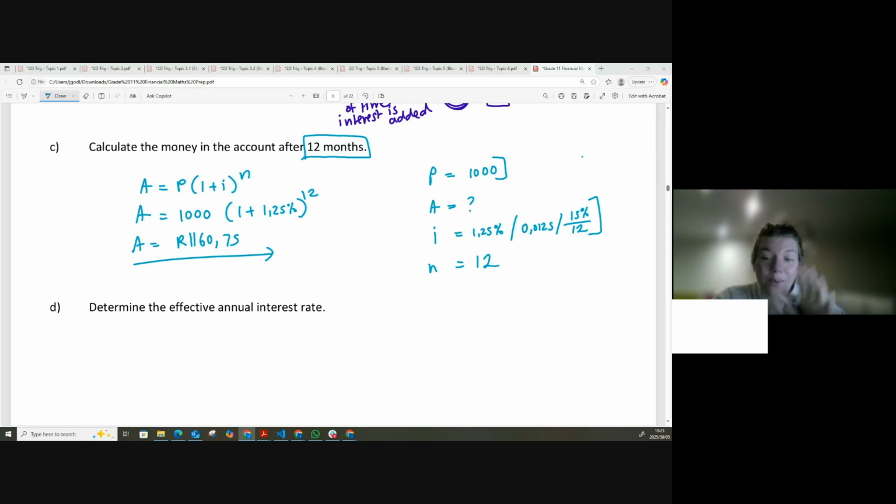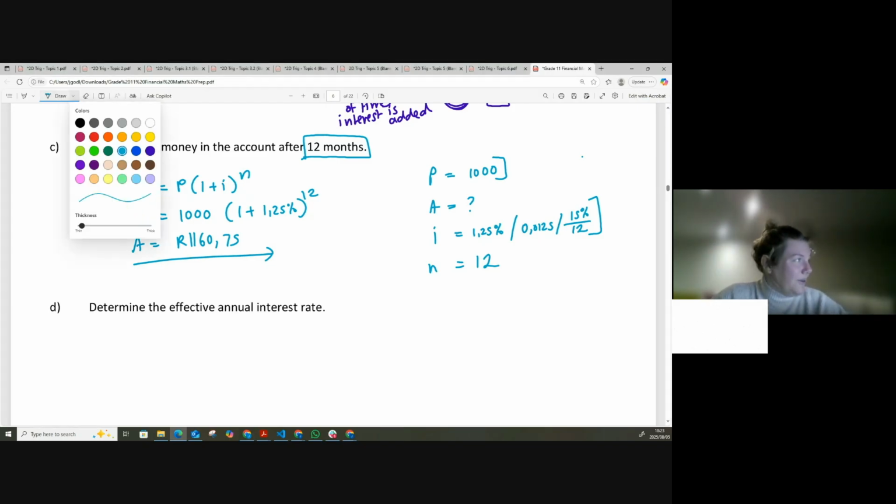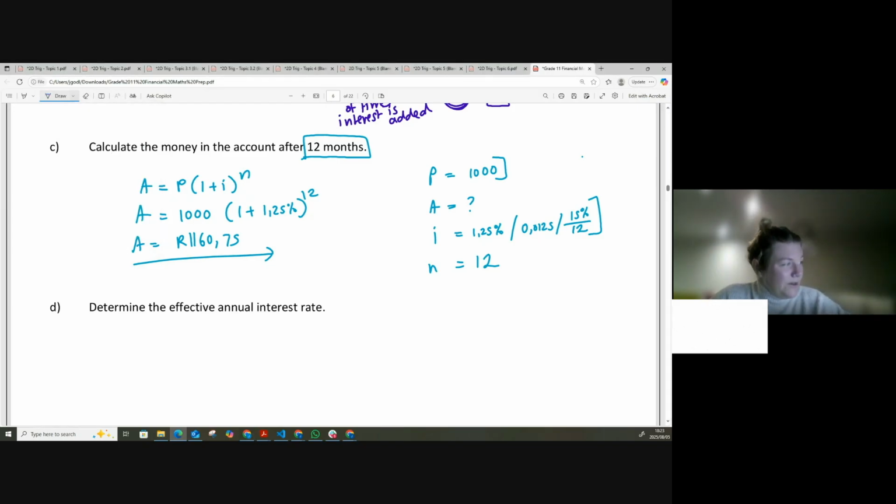What this means is, if I had to explain it in a slightly different way, we want the effective interest rate. So we want the percentage as a per annum amount if it was compounded yearly, right? We want to get the same amount. So in my grocery list, my A, I want that same amount that I have over here.